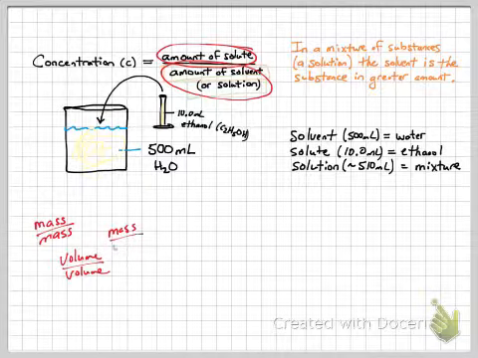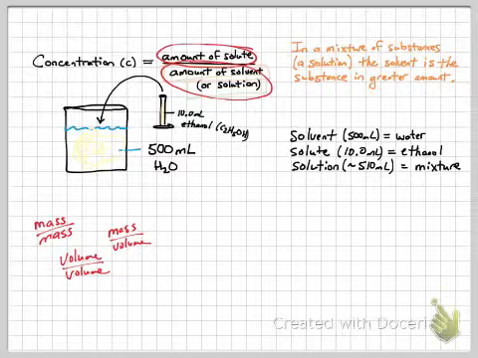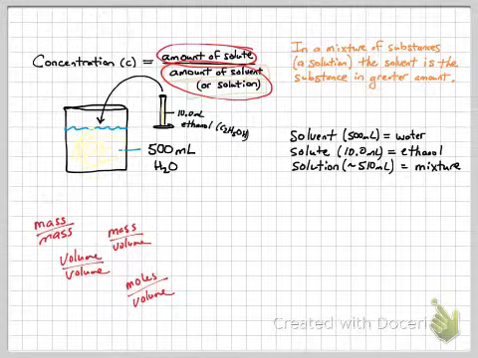You can have mass of solute over mass of solution or mass of solvent. And most commonly for us, we are going to see moles, or quantity in moles of a solute over the volume of the solution.